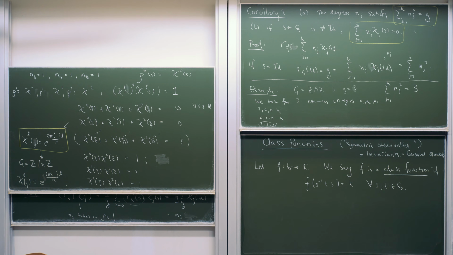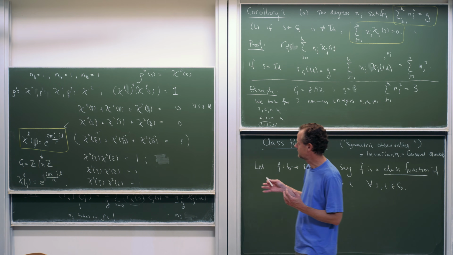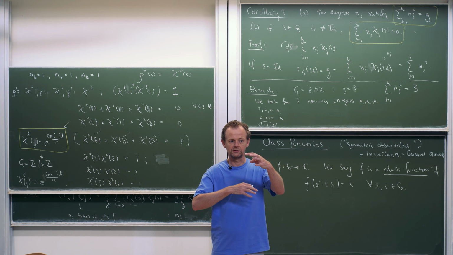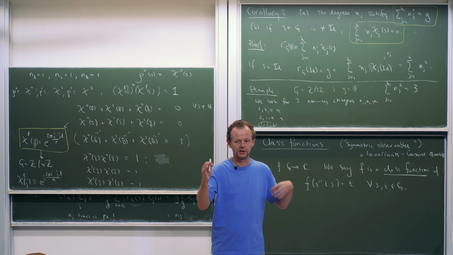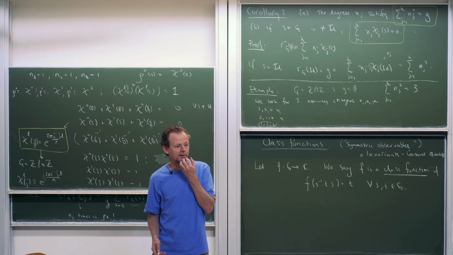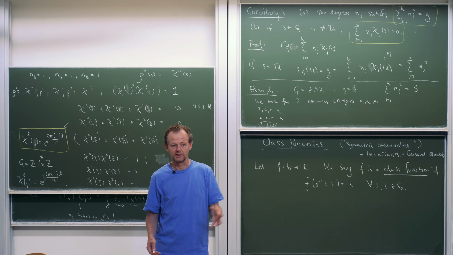For example, when you have rotations on a physical system, the rotations act as, let's say, unitary operations on the Hilbert space, and there's an observable which is left invariant under this rotation action. It has a name, it's the total angular momentum.